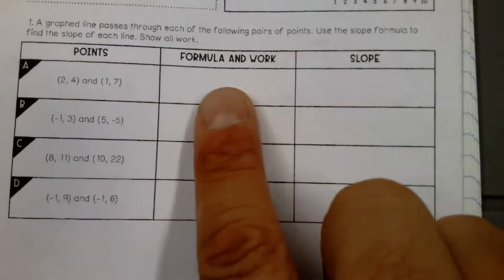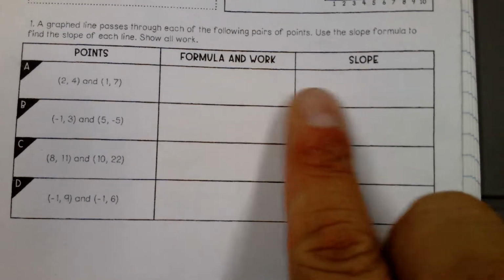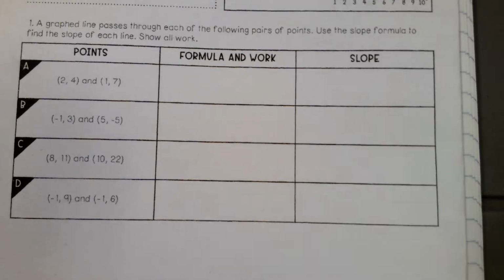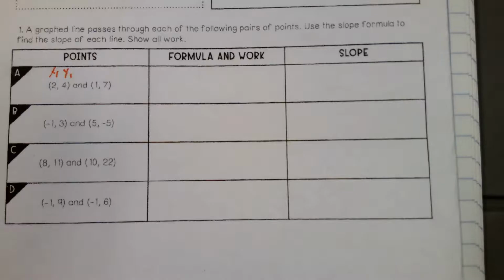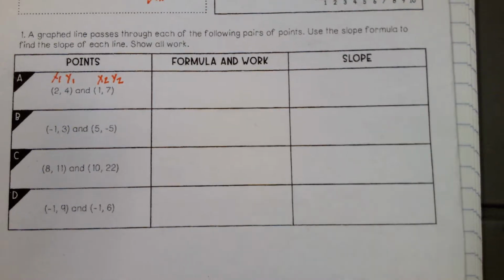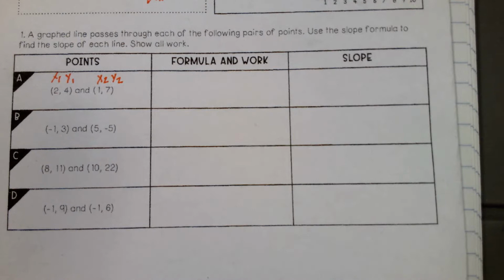We're going to set up the formula, work it out, and then write the slope answer. Okay, here we go. For all of these, we're going to make this x1, y1, and that's typical. The first ordered pair is your x1, y1, and the second one's your x2, y2. Okay? Let's just set this up and get an answer.